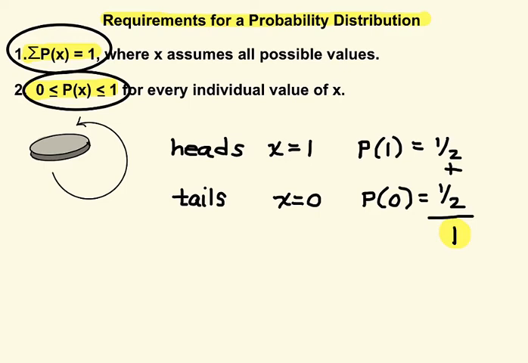And sure enough, they're both 1/2, and 1/2 is in fact between 0 and 1. So we've satisfied our second condition. So in fact, flipping a coin with the probability of 1/2 for heads and 1/2 for tails is a valid probability distribution.